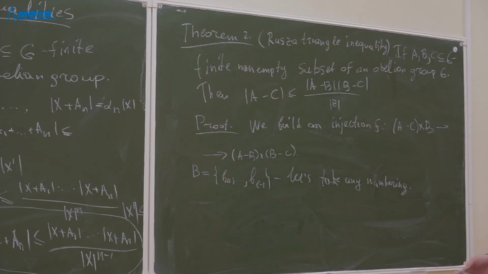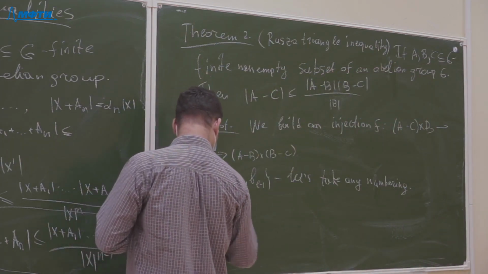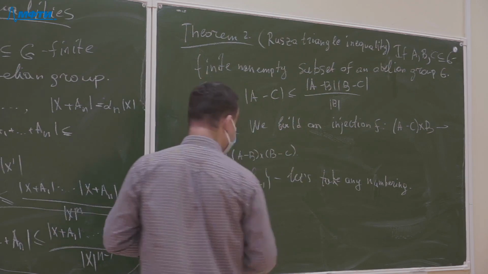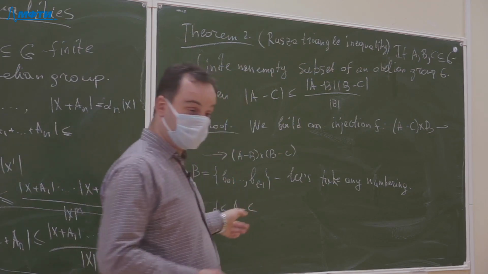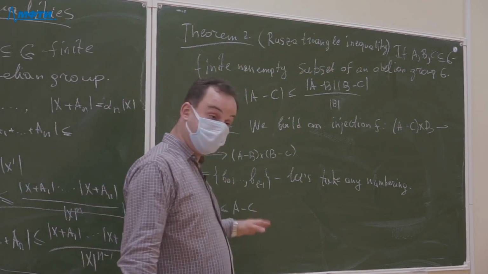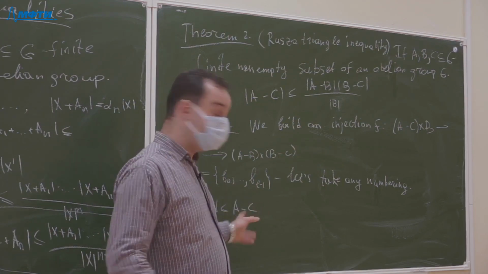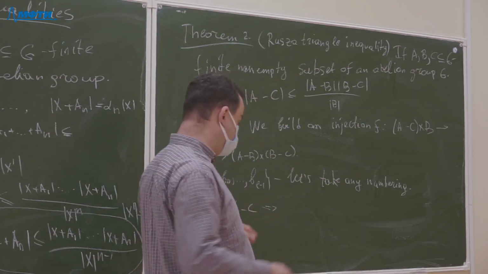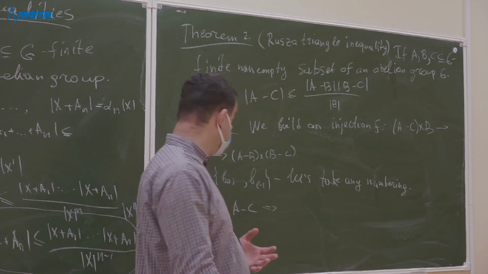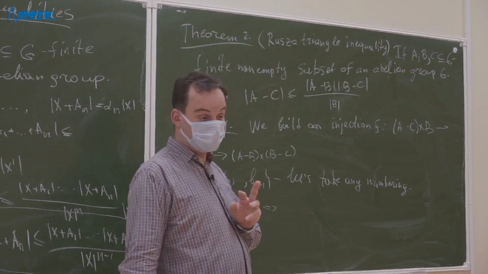Now, for d in A minus C, look, there are a few representations of the type A minus C. We know that for d in A minus C, there is at least one such representation, but there can be more than one.